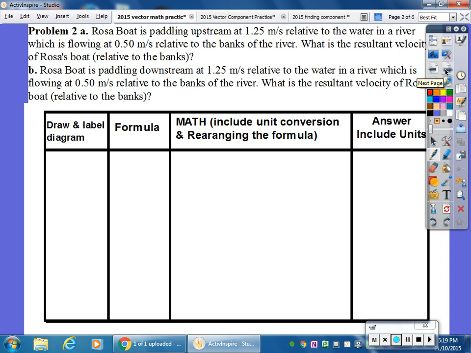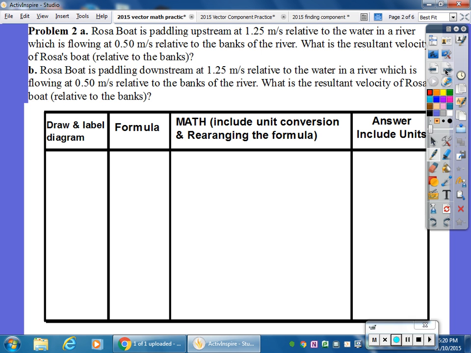Question number two, this is where it starts to get interesting. So now this scenario is that a girl rows a boat, paddling upstream at 1.25 meters per second relative to the water in the river. So that means that her speed, based on the speed of the water, is 1.25 meters per second faster than the water speed.